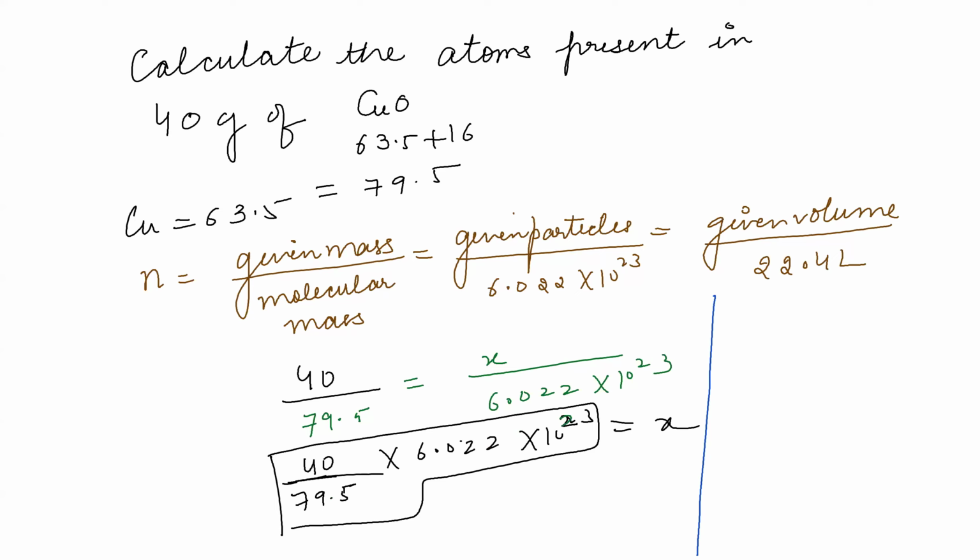Now you solve it. Whatever the value, you remove the point. So you get 400 over 795 into 6.022 into 10 raised to power 23, which is equal to x. So you're going to have 400 upon 795 into 6.022 into 10 raised to power 23. That's the value of x.